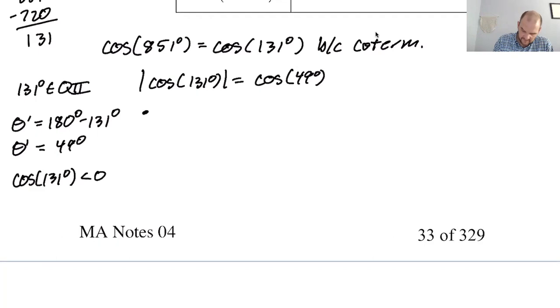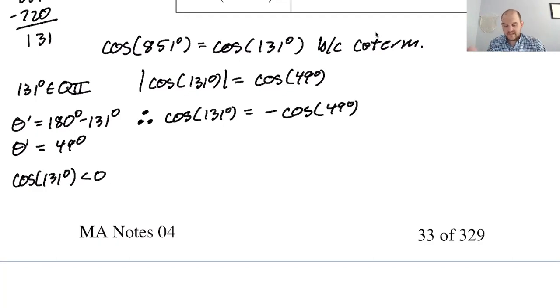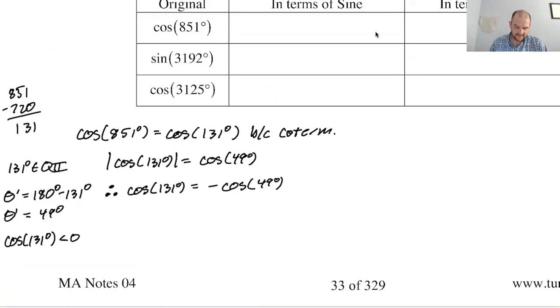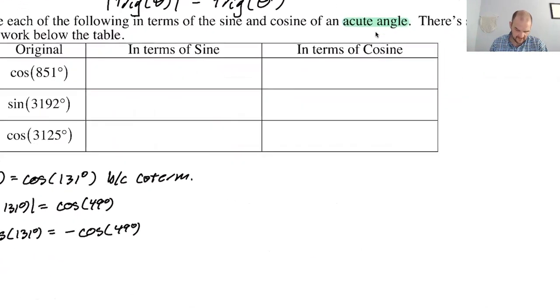So I'm going to say, therefore, the cosine of 131 is the opposite of the cosine of 49. So that's true. And that's a quadrant 1 angle. It's an acute angle.